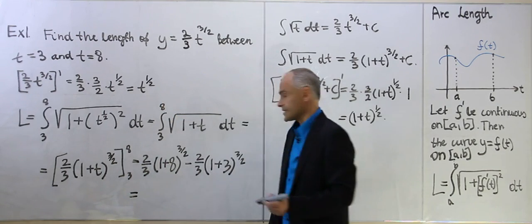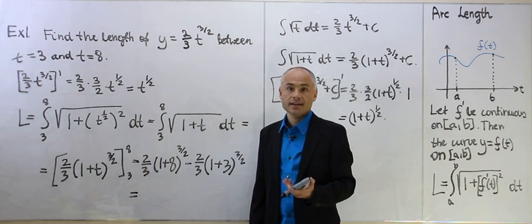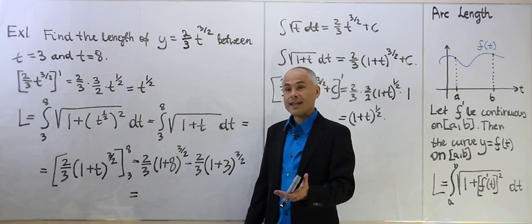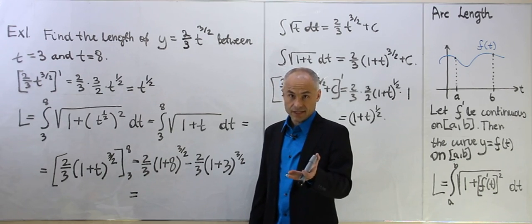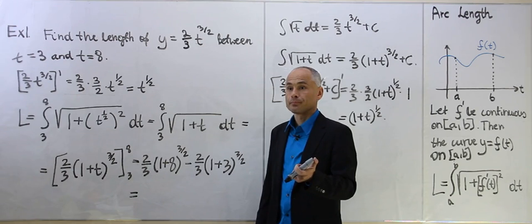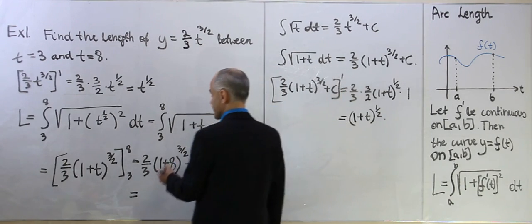So 1 plus 8 is 9. 9 to the power 3/2. How do you calculate that? I can take 9 to the power 1/2 and then raise that to the third power, right? So what is it? 9 to the power 1/2 is 3. 3 to the third is 27.